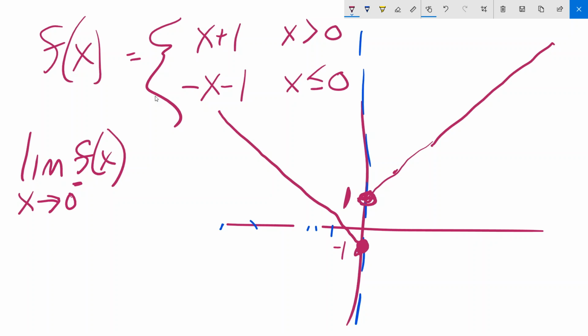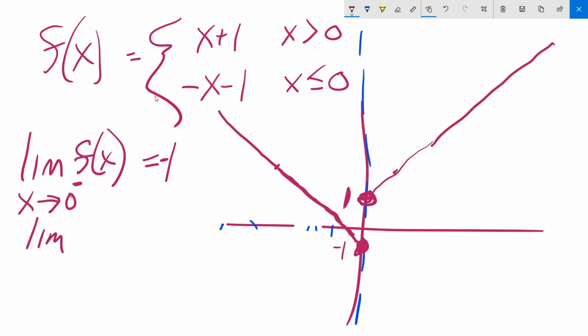Hop on board the function, put your pen on that, and start going towards 0. That's the best way to think about it. What are we headed to? -1. So that limit is -1.